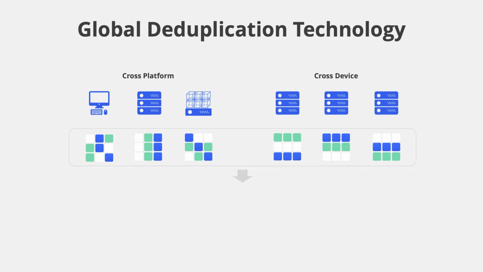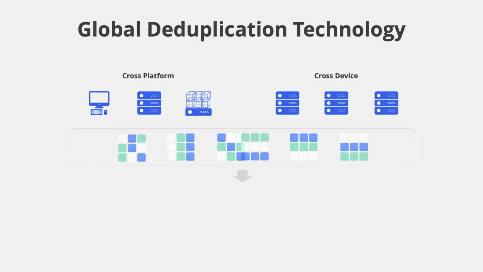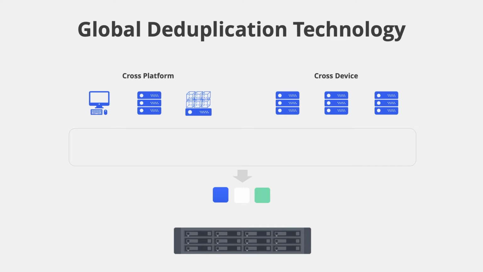If duplication means to duplicate, then deduplication means the opposite. With global deduplication, ABB can filter out the same blocks of backup files across devices, so all files will be compared first, then only one block will be transferred.